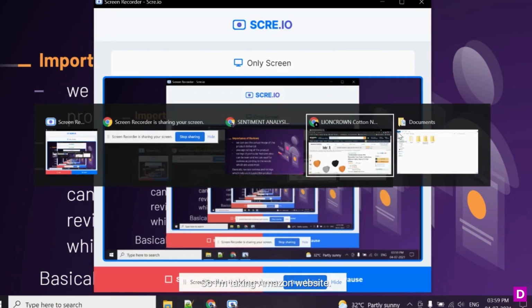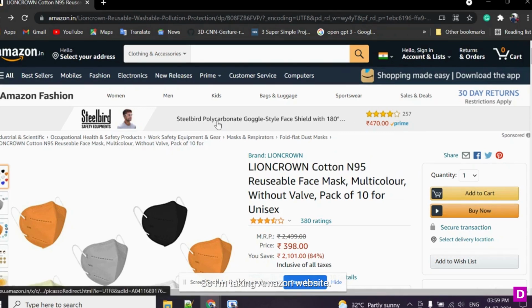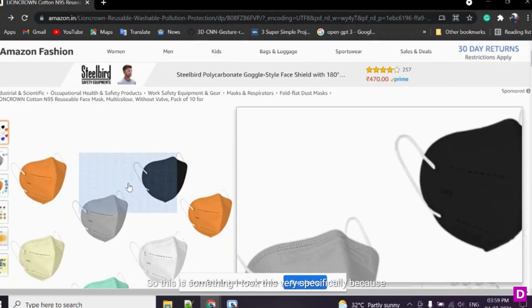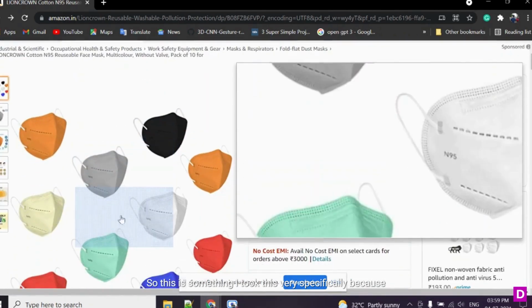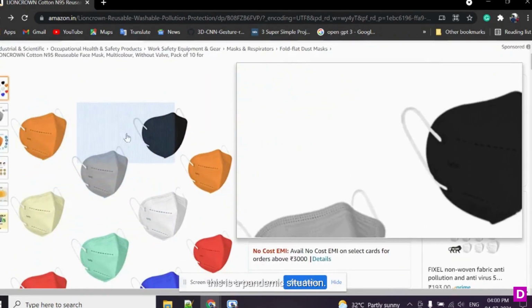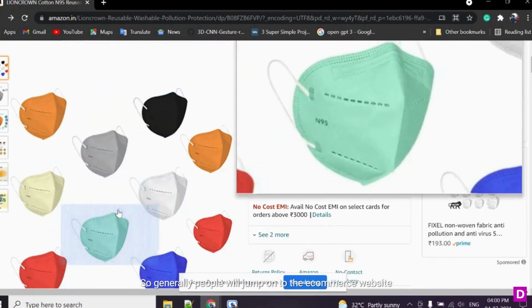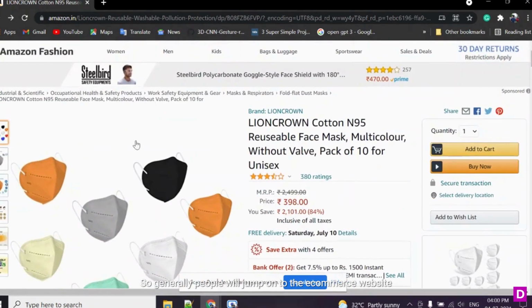I'm taking the Amazon website, and I have clicked on one particular product. I took this specifically because this is a pandemic situation, so people are jumping onto e-commerce websites recently to purchase masks, etc. So I took one such product.